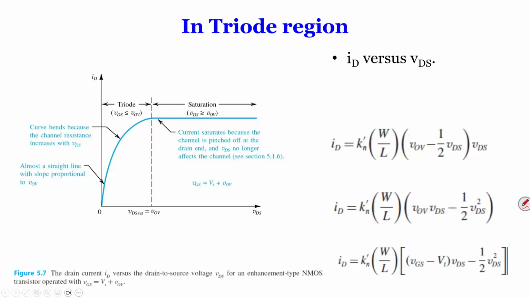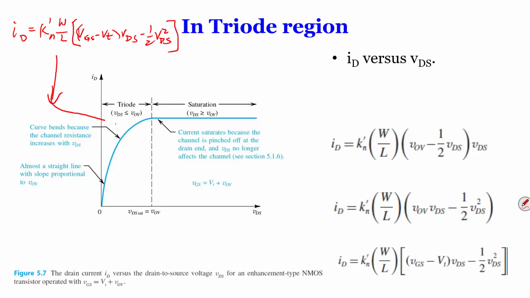In the triode region and the saturation region, the two equations are very different. The equation is already given here, but I want to write it again. In the triode region, you have ID equal to Kn prime W over L times VGS minus VT times VDS minus 1/2 VDS squared.